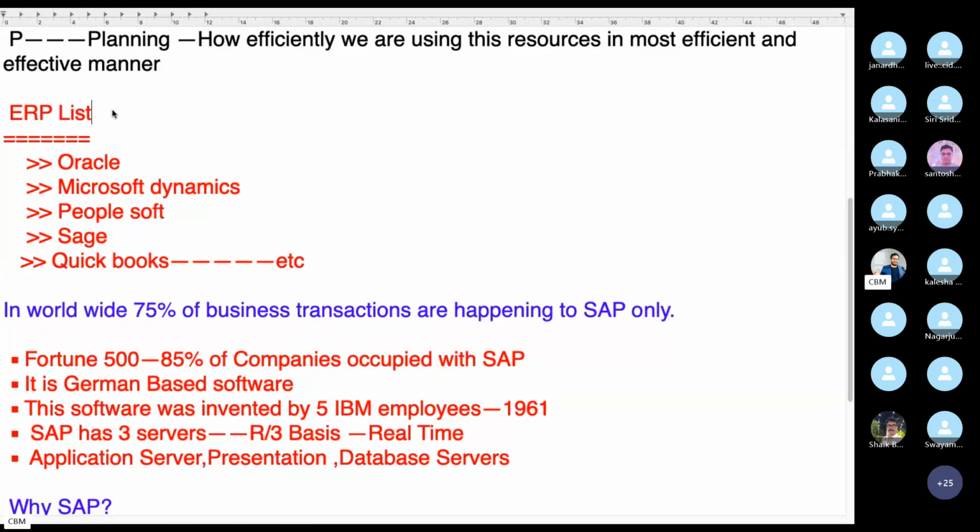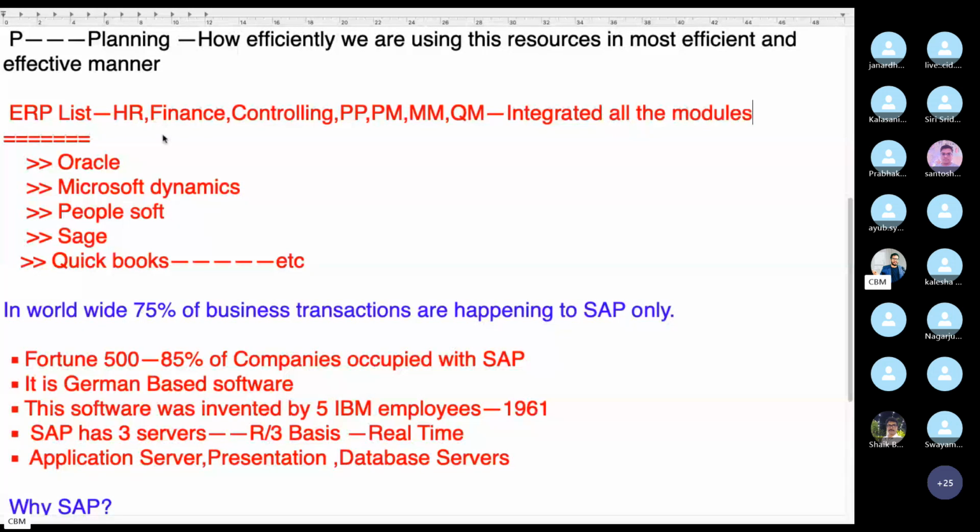If you take any company, so many departments will be there, like HR, finance, controlling, production planning, plant maintenance, material management, quality management. Generally, ERP is integrated with all these modules, all these departments.